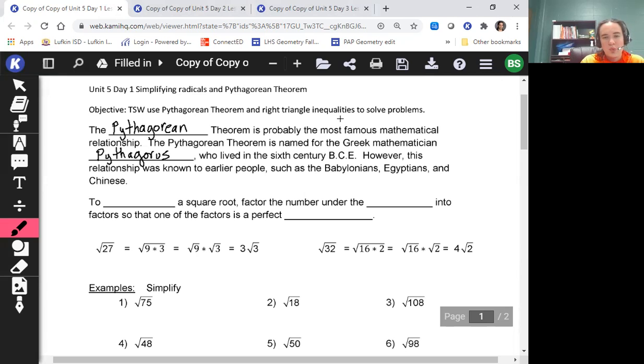So first off, when we are dealing with square roots or radicals, we are going to have to simplify them. Another word for square root is a radical.